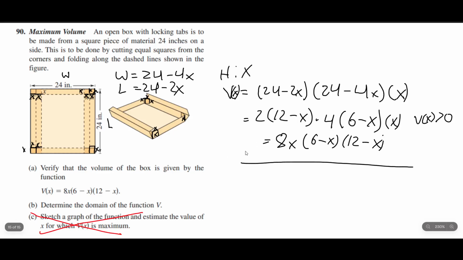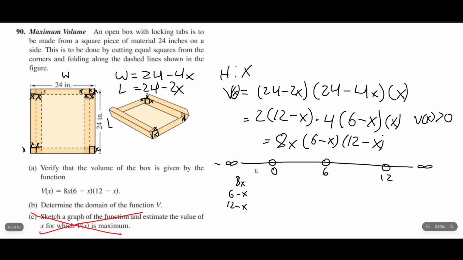I think you can be okay with just drawing a number line for now, but justification is very important in calculus. Anyway, this would be 0, and an open circle here, because greater than 0. Then this would be 6, and then this would be 12. Now I'm going to write each of our factors: 8x, 6 minus x, and 12 minus x.